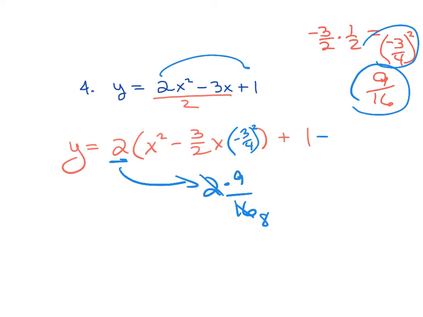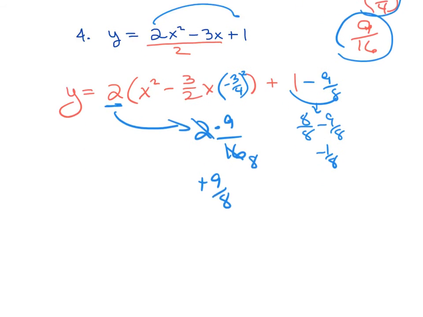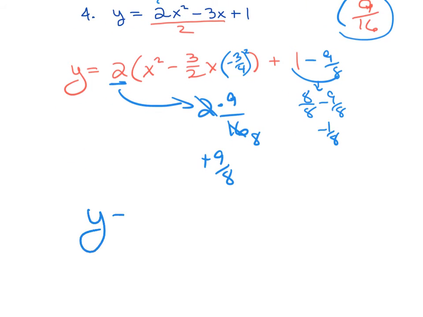So now instead I'm going to subtract 9 over 8, because really what I added here was positive 9 over 8. So now this I could turn into 9 over 9. Oh, no, not 9 over 9. 8 over 8 minus 9 over 8. So this actually simplifies to negative 1/8. So now I have this.